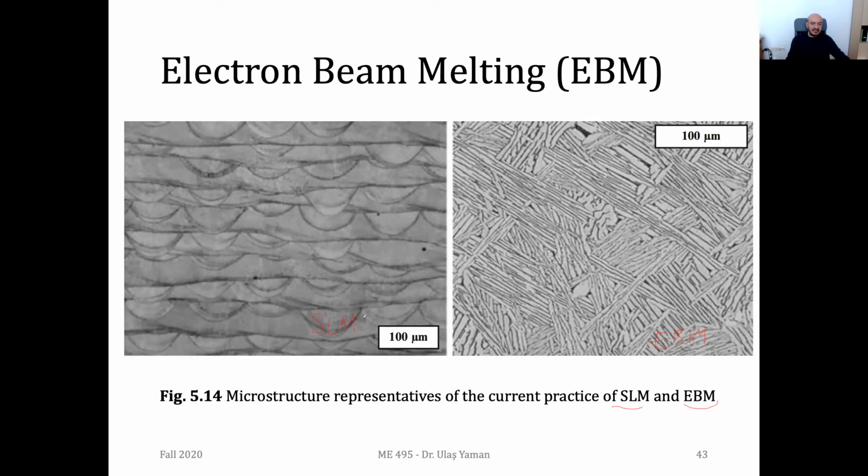But on the SLM part, we have much more circular grains, and it's quite clear to see the scanning patterns. And as far as I know, this should be the top view. You can check it from your textbook, but this is the top view.